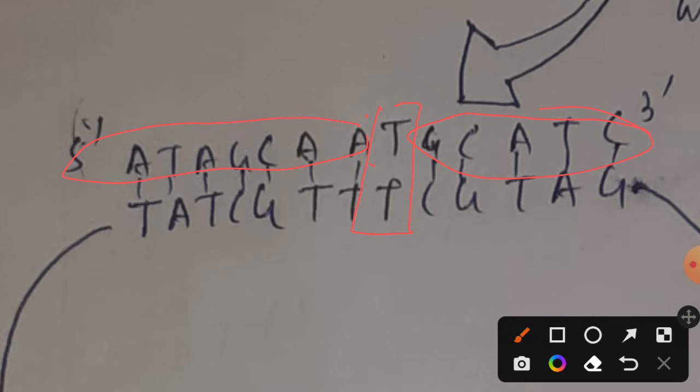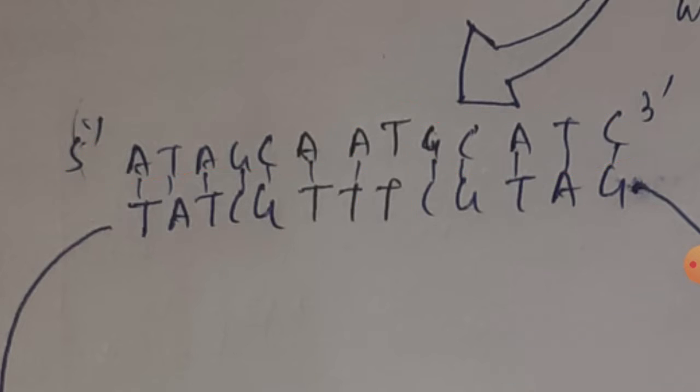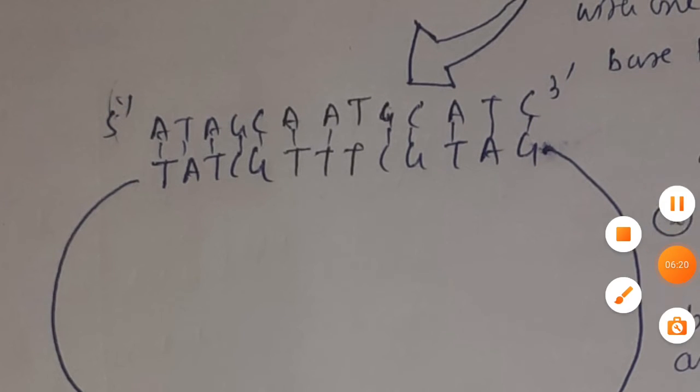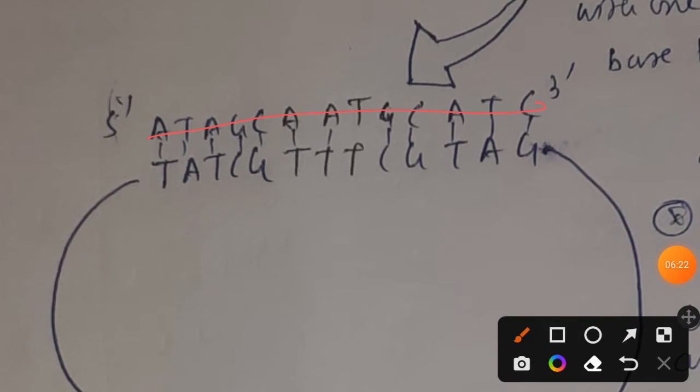So that is the construct that we need. Now on the basis of that primer, it will ensure the translation of a protein that will have leucine instead of phenylalanine.